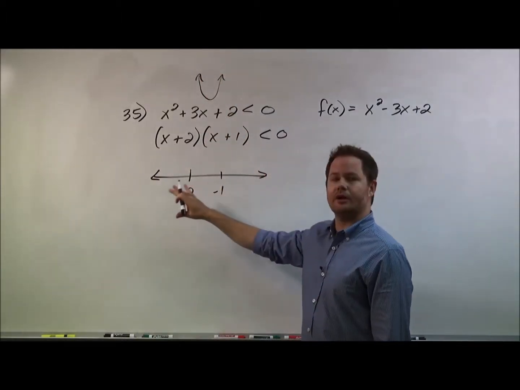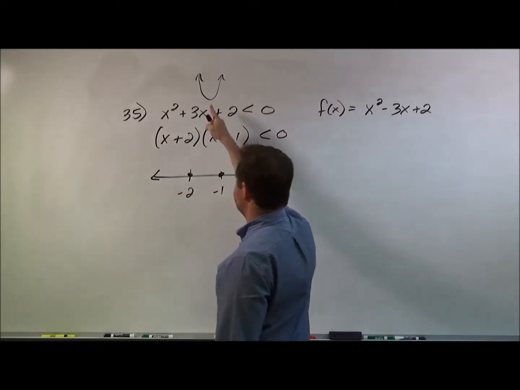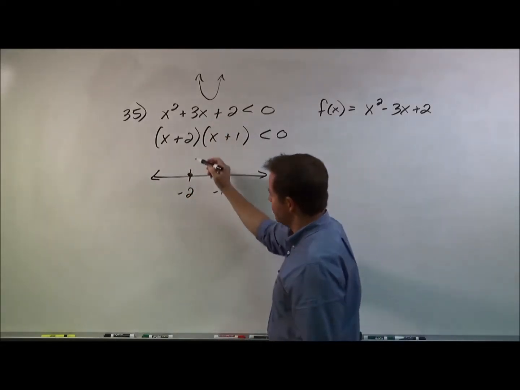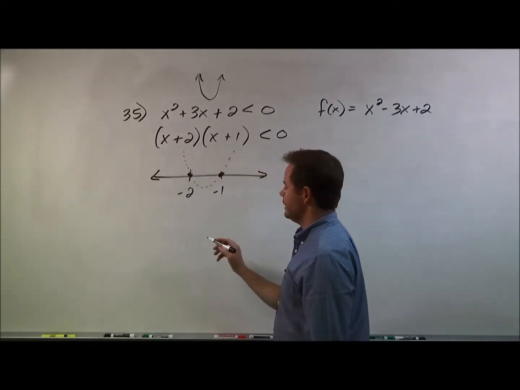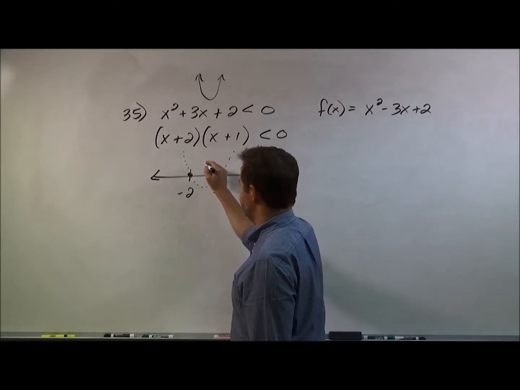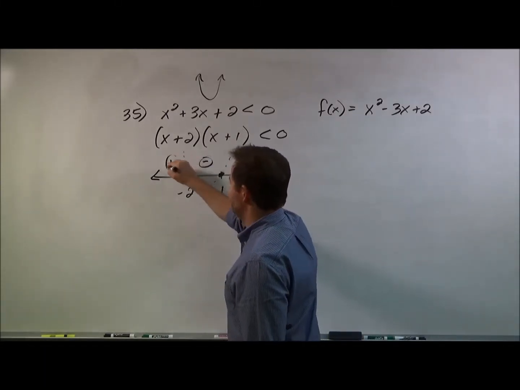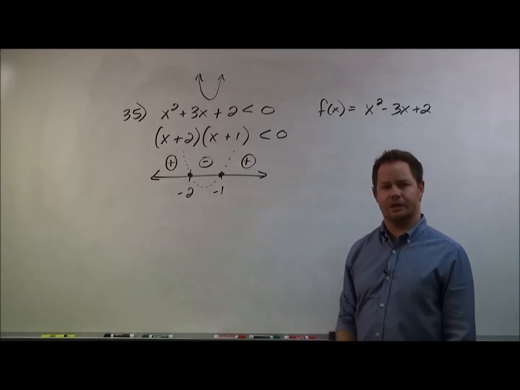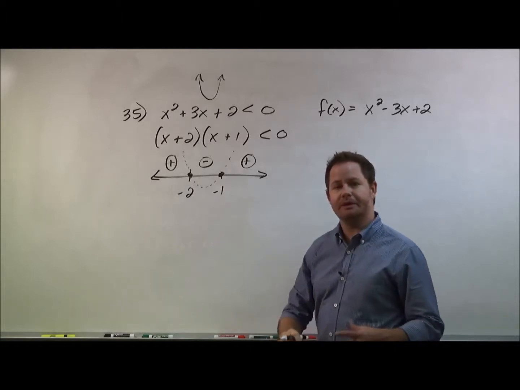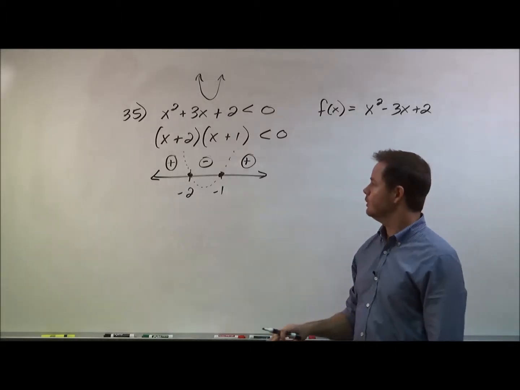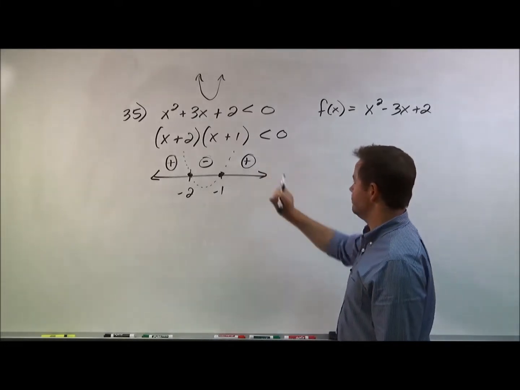If these are the zeros, and our parabola has that shape, then if you trace that shape in here, you can see that the negative values would be in between the -2 and the -1. The positive values would be what we have outside of the -2 and the -1. So for this graph, from -2 to -1 will be the range of x values where this function will be less than 0. That's the first part of this.